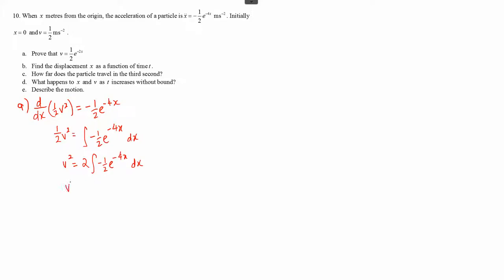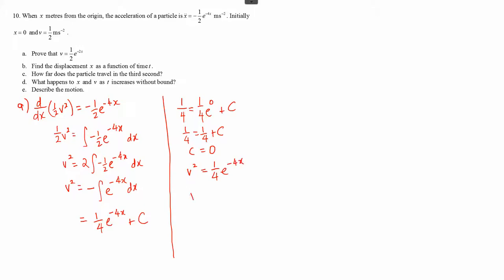So v squared equals 2 times minus a half, so let's make that minus 1, e to the minus 4x dx. Then we integrate the expression and we get a quarter e to the minus 4x plus c.